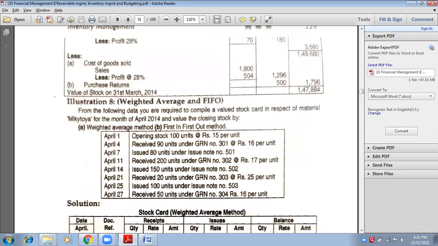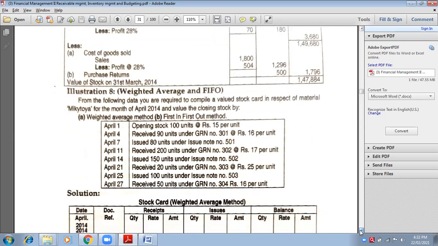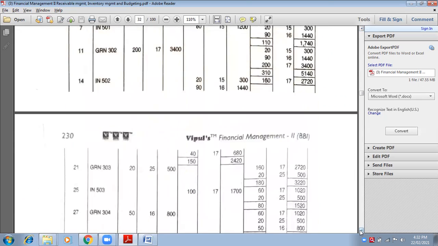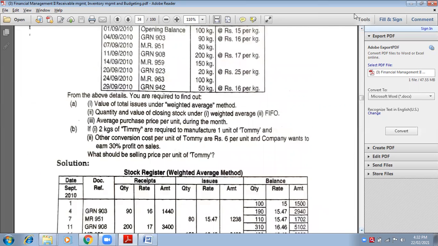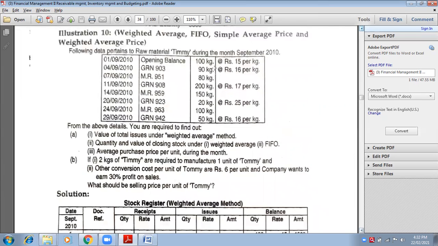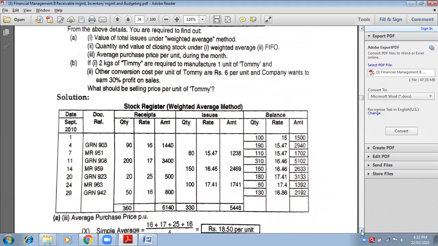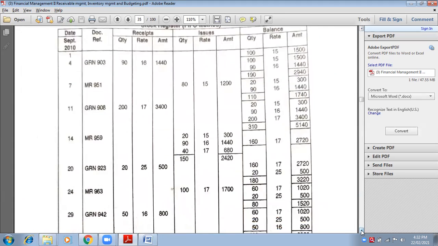See, 90, 16, 80, 200, 17. Last is 50, 16. It is typically the same. They have just changed the name of the raw material. Anyways, don't do this. Wait, I will tell you another question.